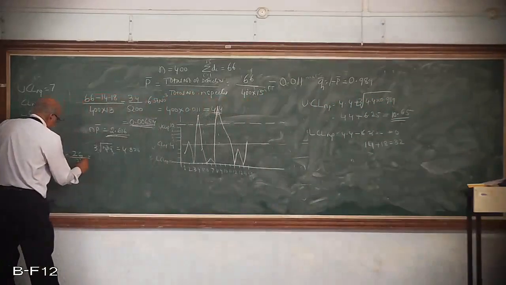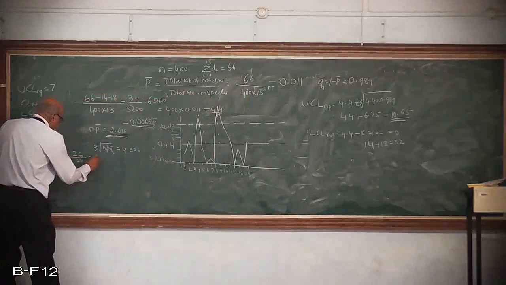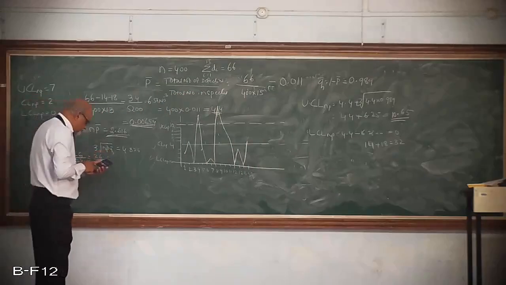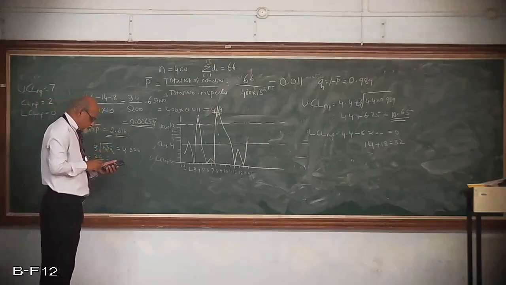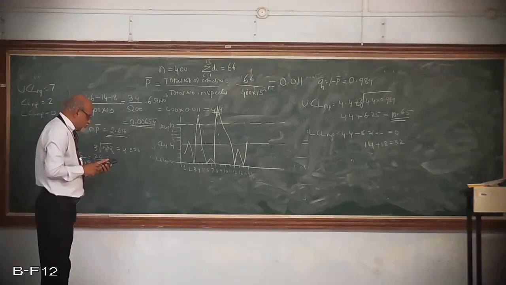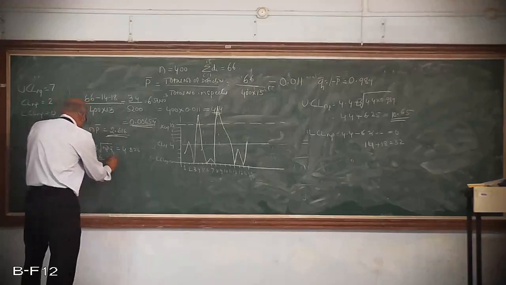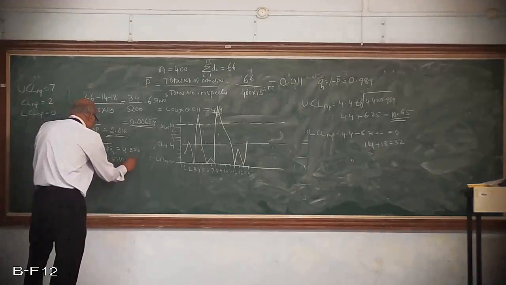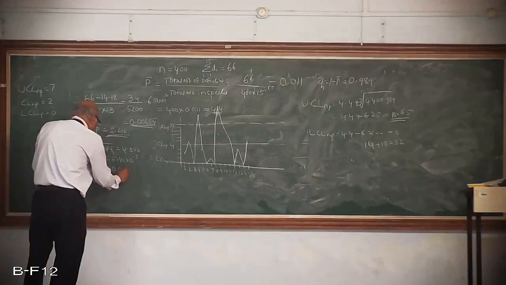So this is 12 into 400, this is 26 divided by 4800. This gives 5.42 into 10 to the power minus 3, or 0.0054.